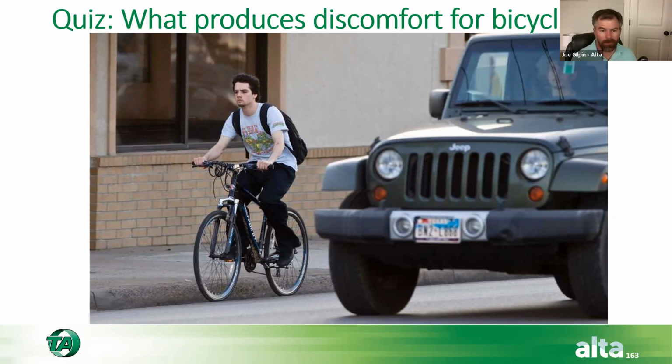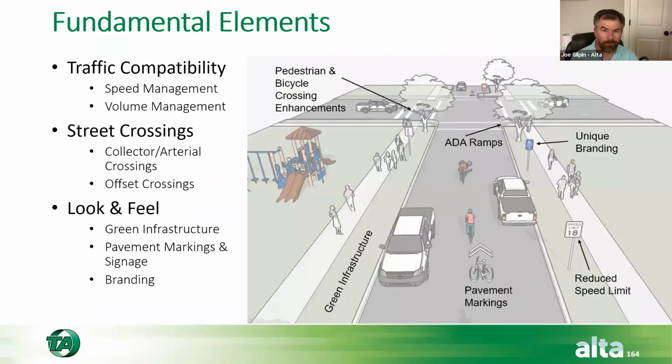And maybe some of these lower volume, lower speed areas are really where we want to have that marking, because we can create a sense of comfort, and we have an innately lower level of conflict with the number of passing cars, and we can do other things to further work on that.